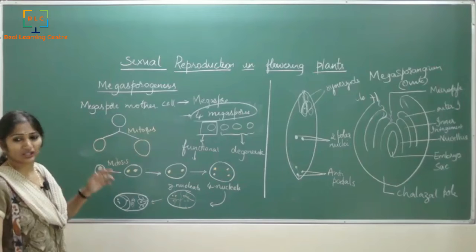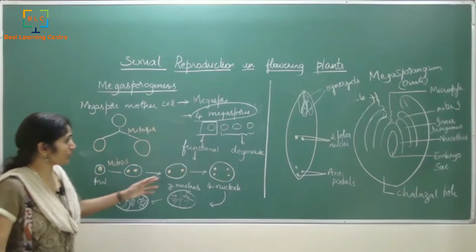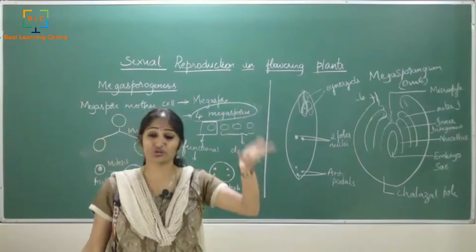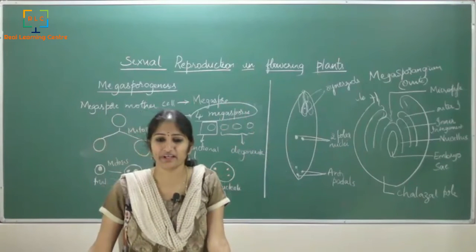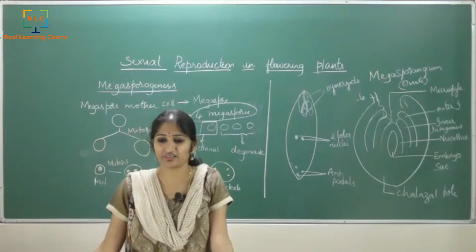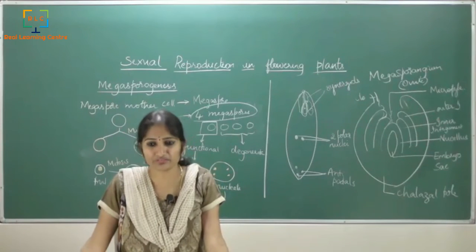Right now, once the female gametophyte has produced all these structures, the male gametophyte has already produced the pollen grain and is ready to be dispersed. It's already desiccated and dehydrated, and now it's matured.